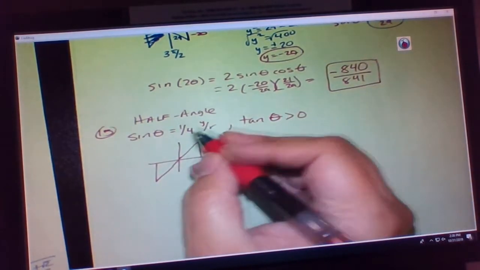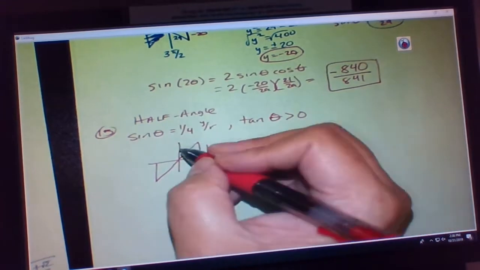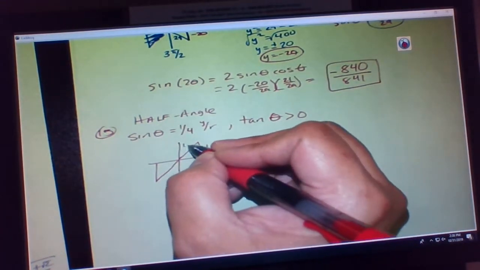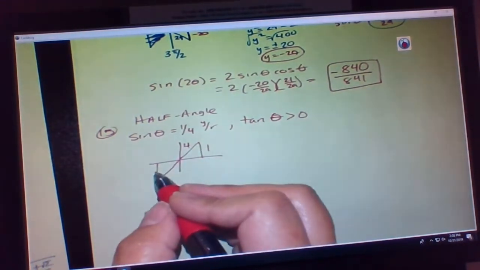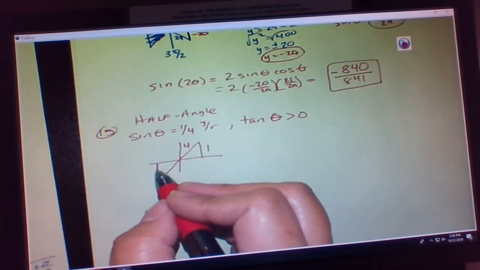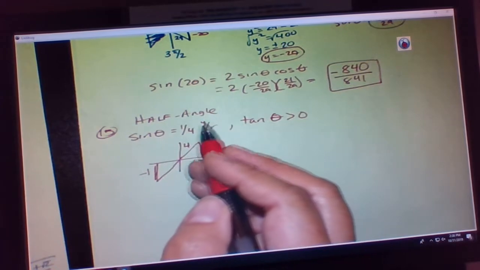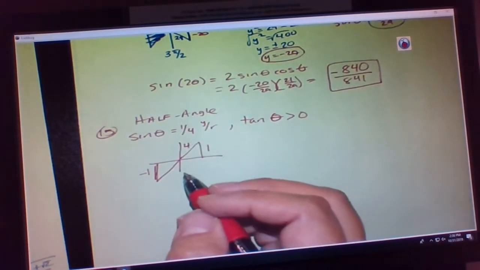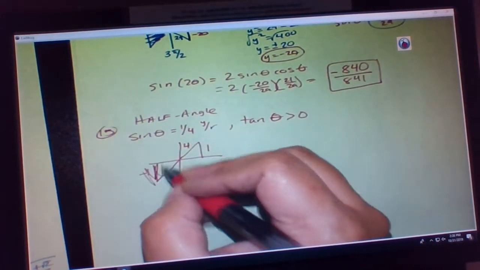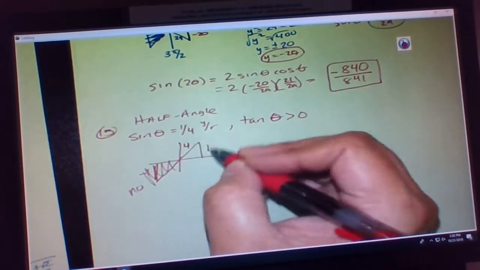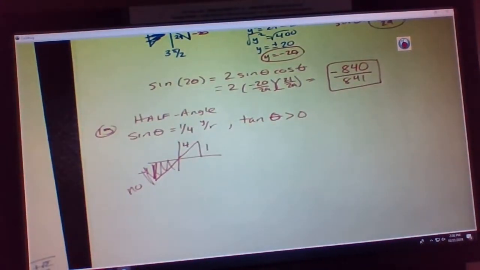Now, my y is 1. My radius is 4. Can my y be a negative 1 and this still be true? So this one's not going to work. This is going to be a no. This is the only one you're going to be working with.